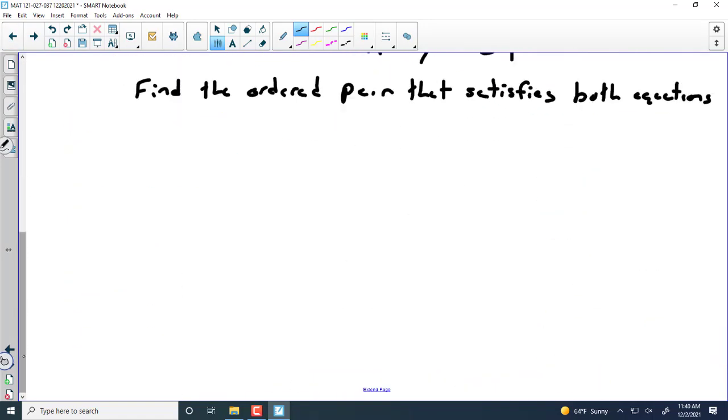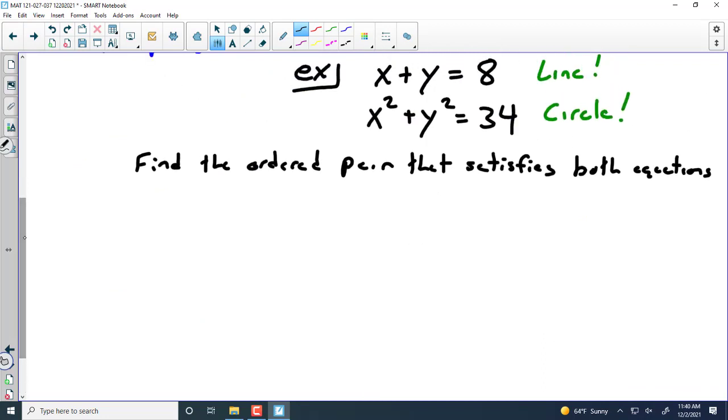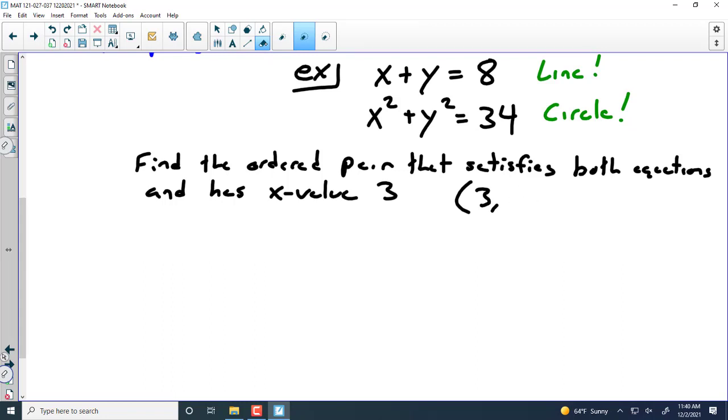Find the ordered pair that satisfies both equations and has x value 3. In other words, they're giving you the x value. Now, this is a tip from Steve.